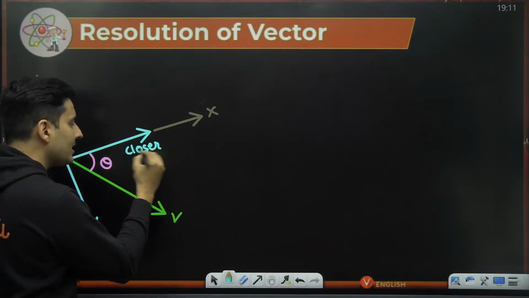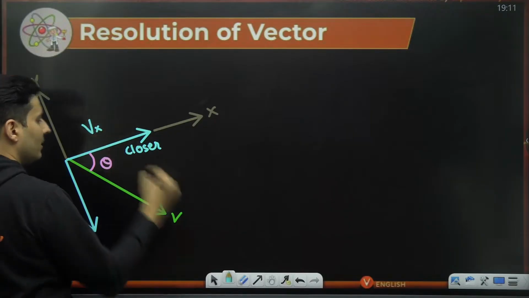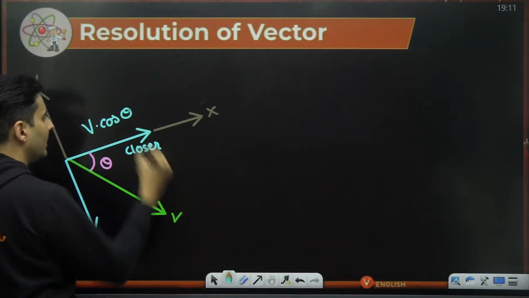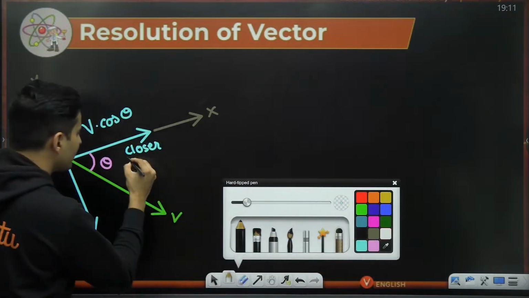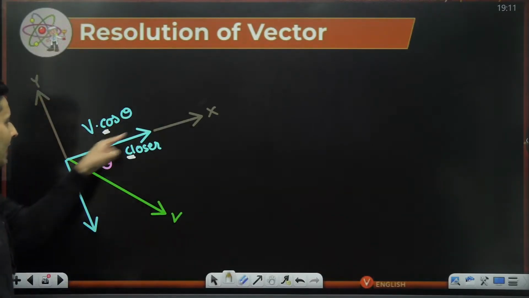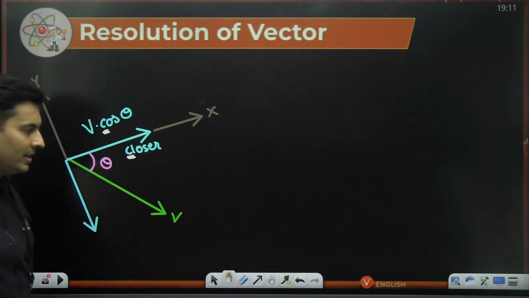Closer, C for close, C for cos. So this component will be nothing but V times cos theta. The component which is closer to theta will be cos theta.